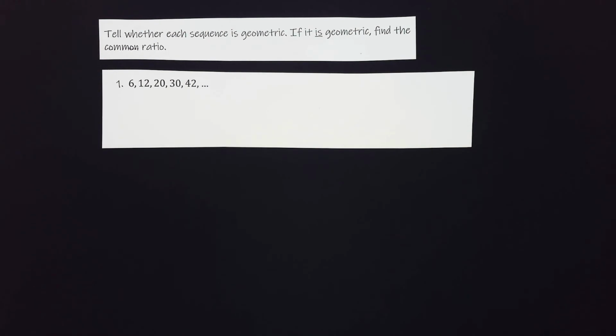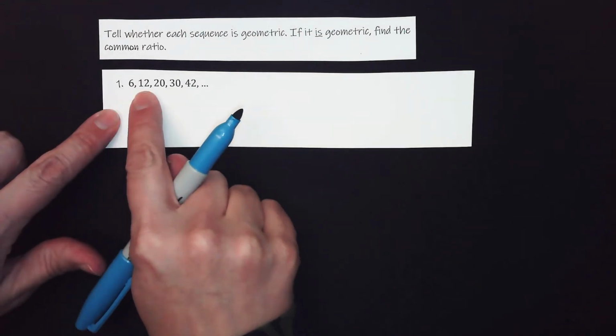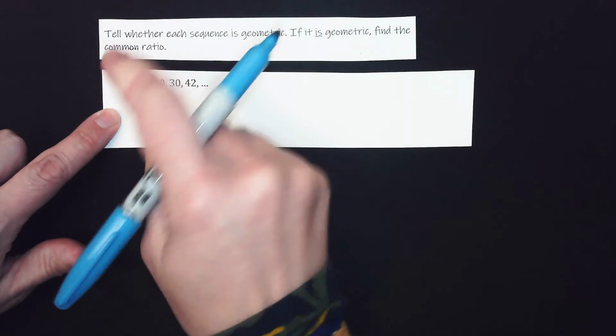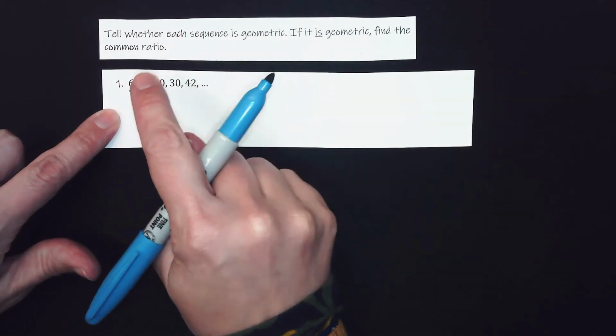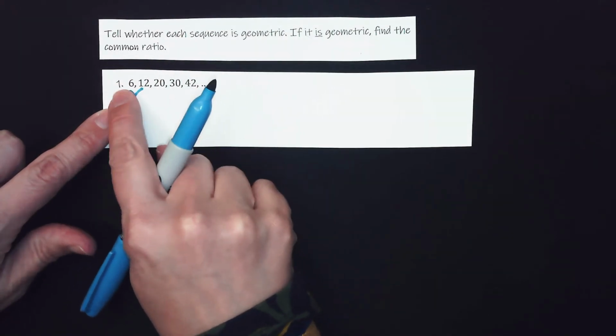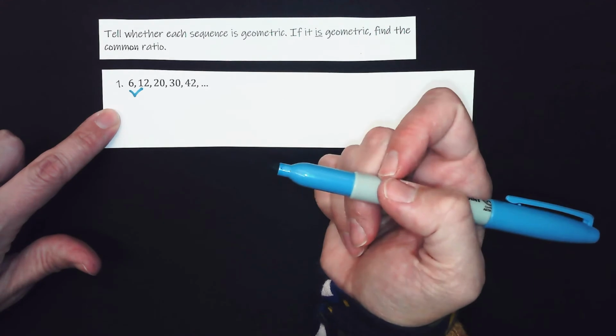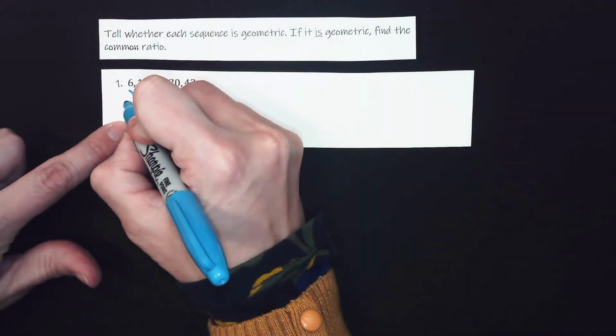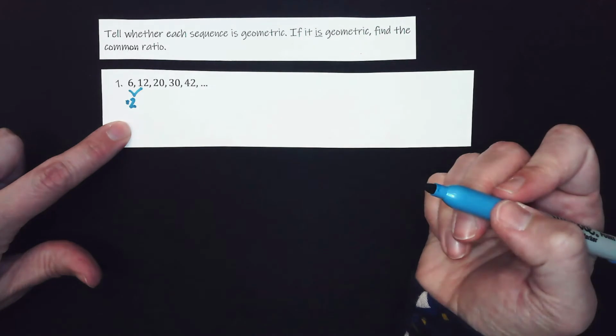To determine if it's geometric, we have to determine what we're multiplying by to get to the next term. You can do this by asking, 6 times what equals 12, or you can take the second term, divide it by the first term, and that gives you what you're multiplying by. But I know 6 times 2 is 12.